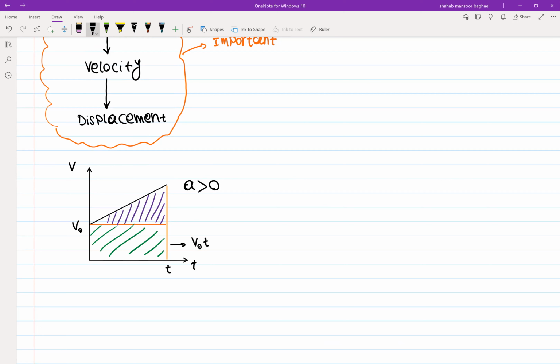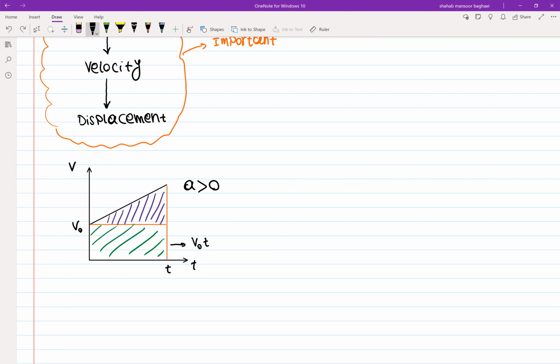The area of the rectangle is this length times this length. That's V0T. The area of this triangle, the top part, is this length times this length over 2.